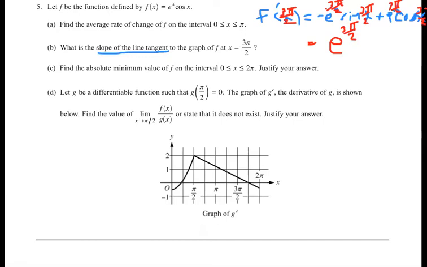And then the cosine of 3 pi over 2 is 0, so this whole part goes away. So that would be e to the 3 pi over 2. Now, because we're going to use that derivative later, I'm going to leave it up there and undo all this other stuff so we can see it.